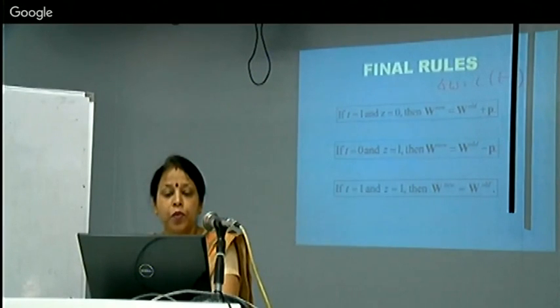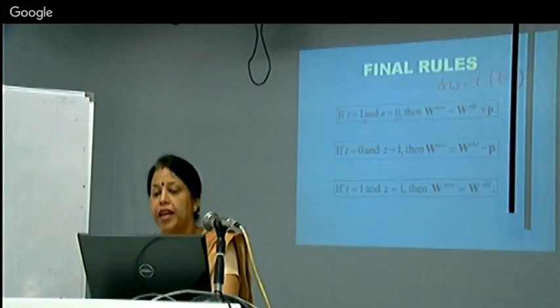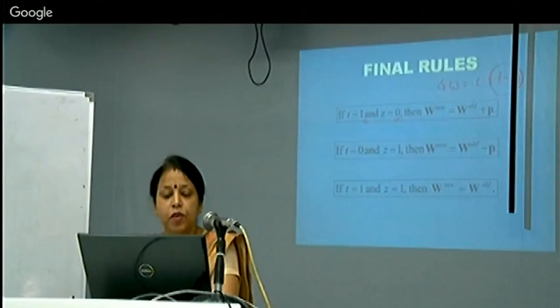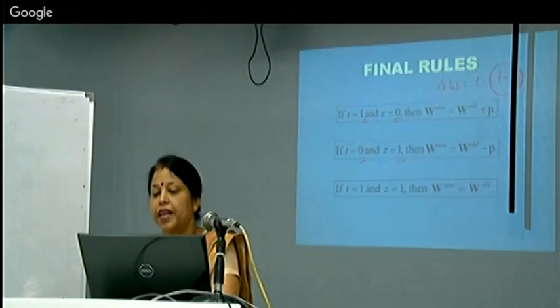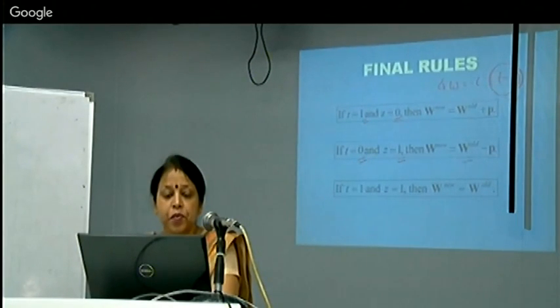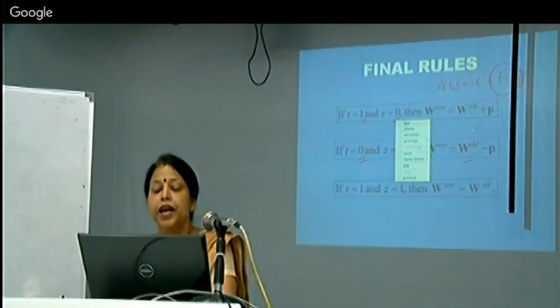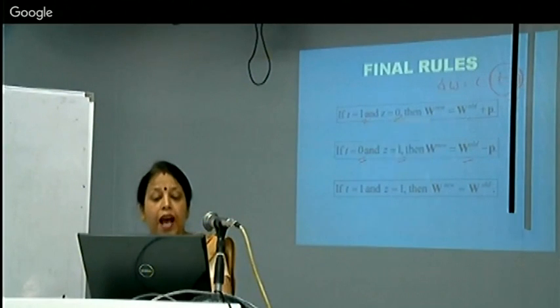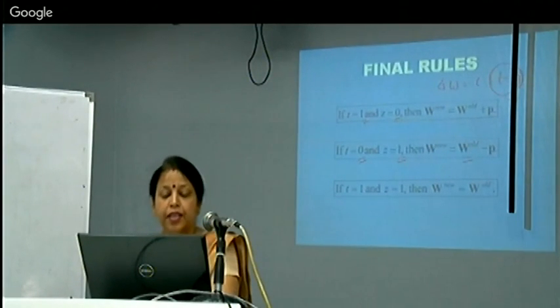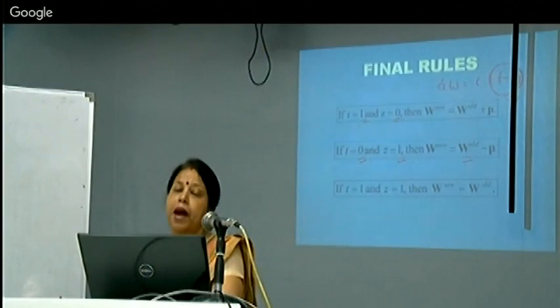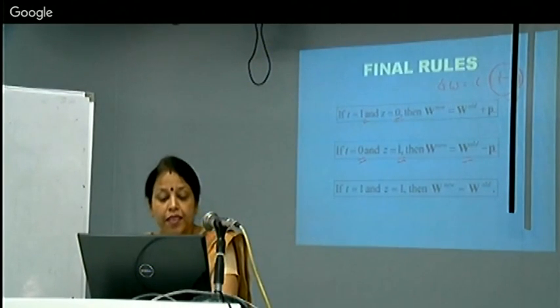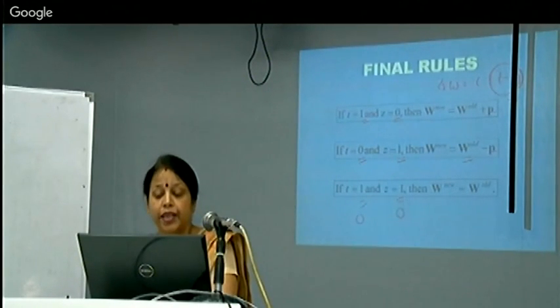So if t equals 1 and z is equal to 0, you are getting the positive value, and if t is equal to 0 and z is equal to 1, you are getting the negative value, that is minus 1. So that's why, if target is 1 and z is 0, we get W old plus P, and if it is 0 and 1, we get W old minus P. And if both are the same, that is 1 and 1 or 0 and 0, then W new equals W old.